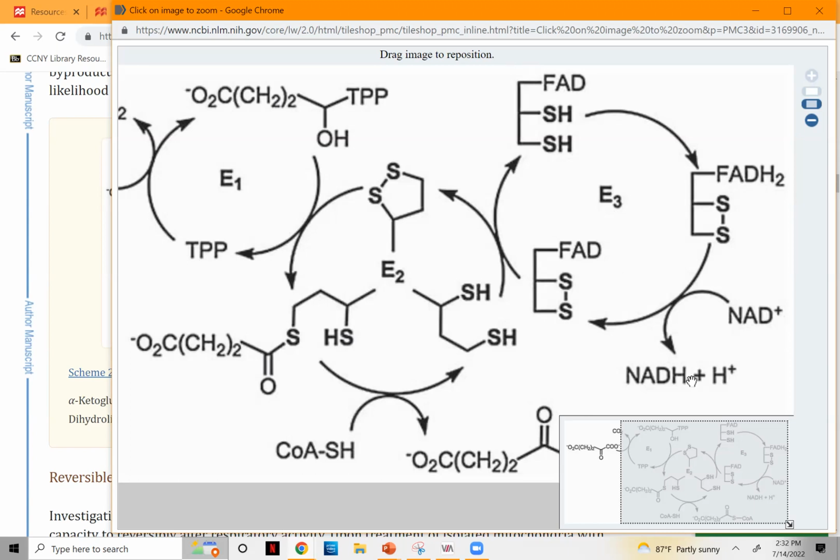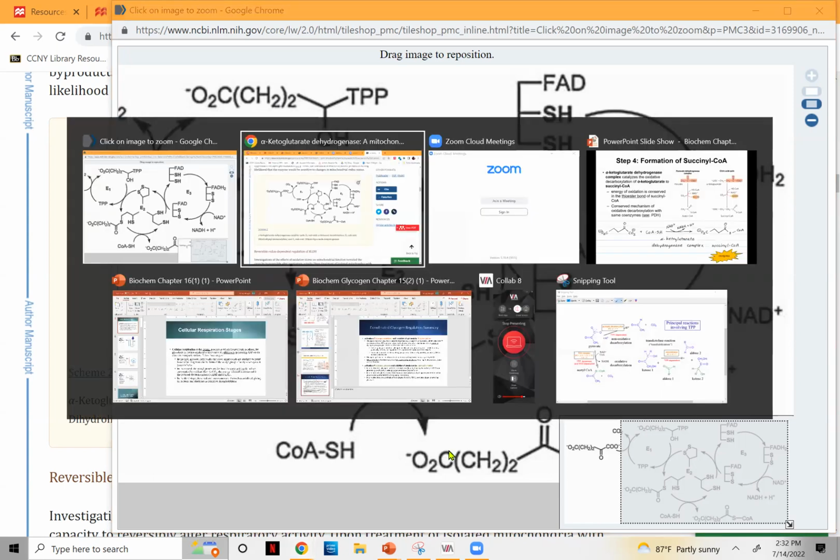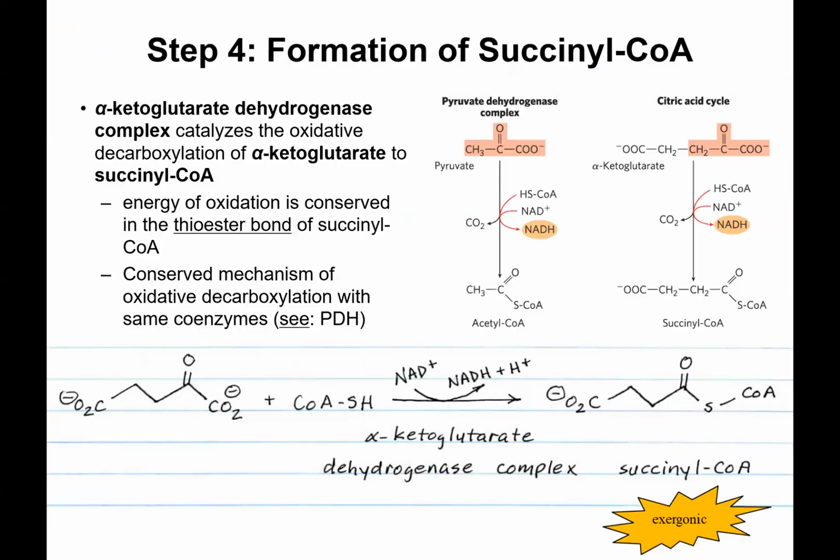Where's coenzyme A? It's got to be in here somewhere. Here in E3. Oh yeah, here we go. It comes in here. So really the same game. That's pretty amazing, right? That's pretty interesting. So same chemistry, different day, different cycle.